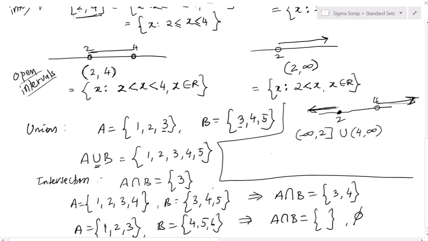This is a set which consists of x such that x is less than or equal to 2, and then you put intersection, x is greater than 4, and x is a real number. Okay, that's where we'll stop today.